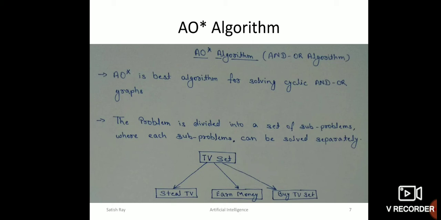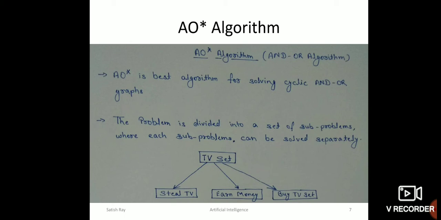If we want a TV set, then we can acquire a TV set in two ways. First, we can steal a TV, which is not a good practice, but just for an example, I am taking this to understand the concept of the AO star algorithm. And the second option is we should earn money and then buy a TV set.